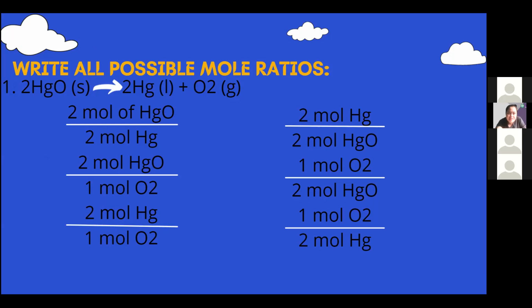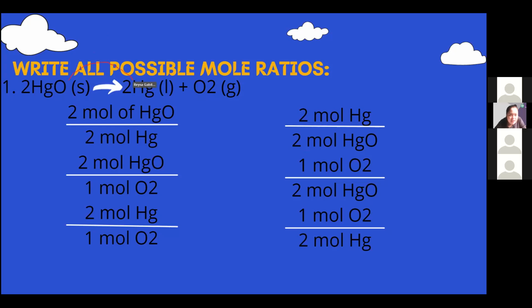So just like this, the decomposition of 2 moles of mercury oxide will give us 2 moles of mercury and 1 mole of oxygen. So i-partner lang natin siya to get the mole ratio. The first one here, we have 2 moles of mercury oxide.